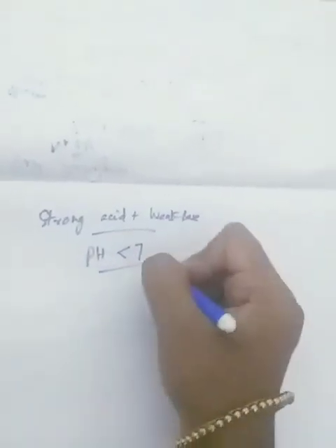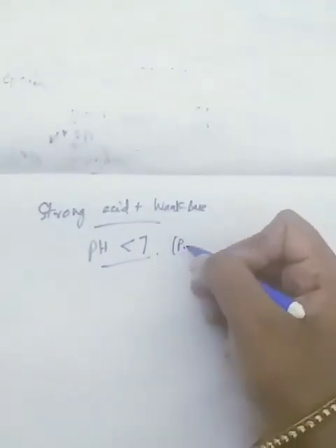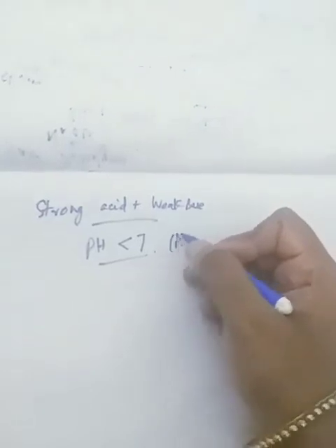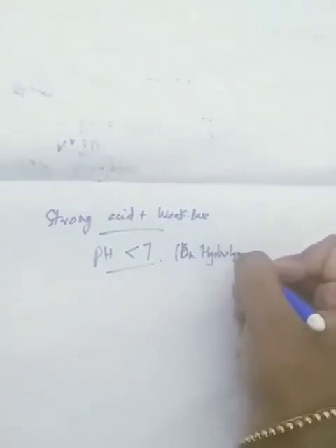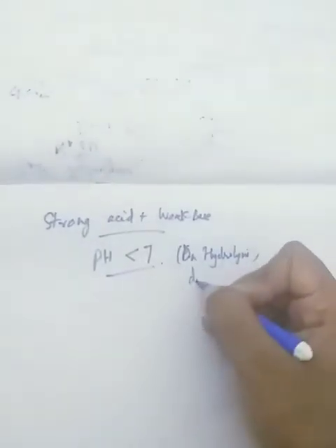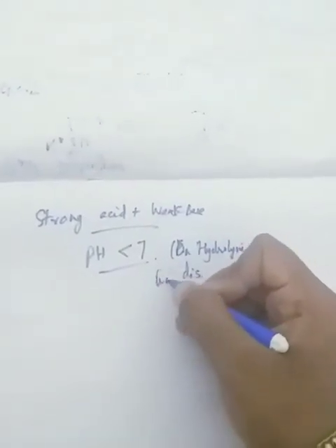If you consider the condition strong acid plus weak base, the pH on dissociation will be maintained less than 7 on hydrolysis and water dissociation.